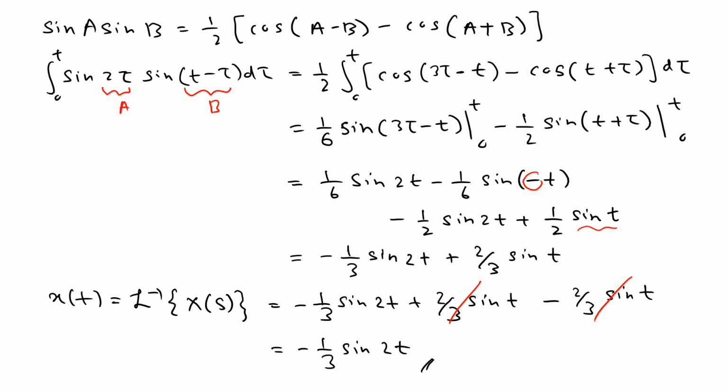Just to see that, this suggests that there should be a special simplification for this problem. So let's see whether that's the case. I'm going to show you this trick here. There are certain things in mathematics that work very well, but it's not always the case.